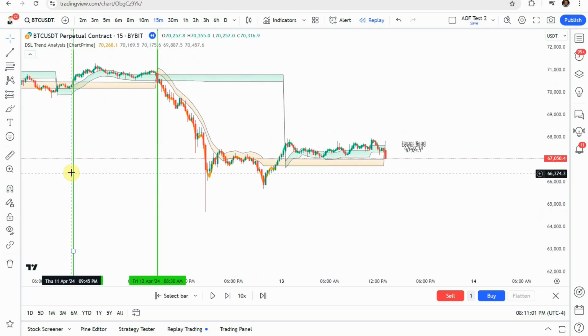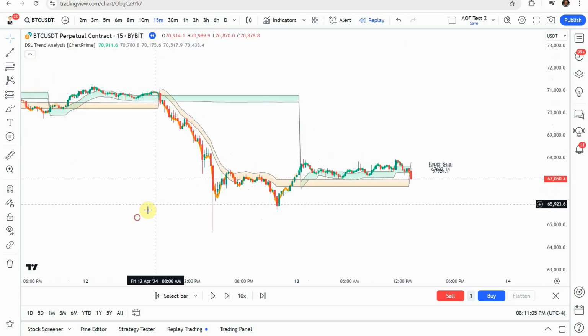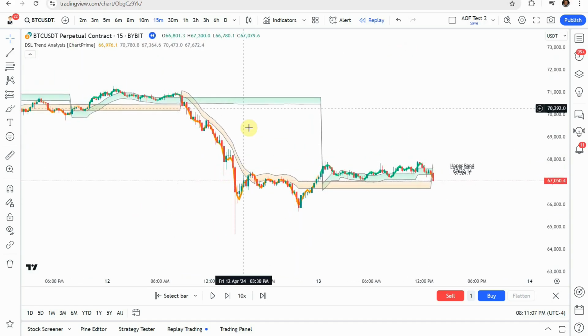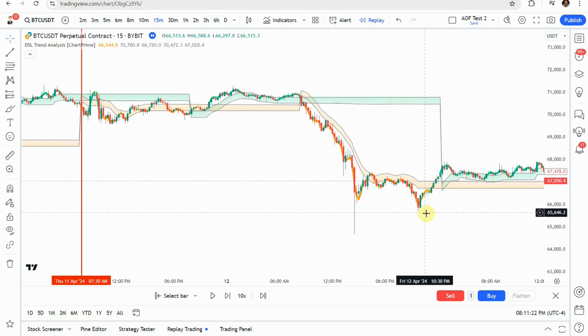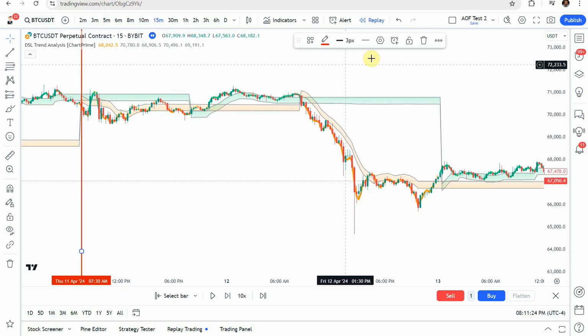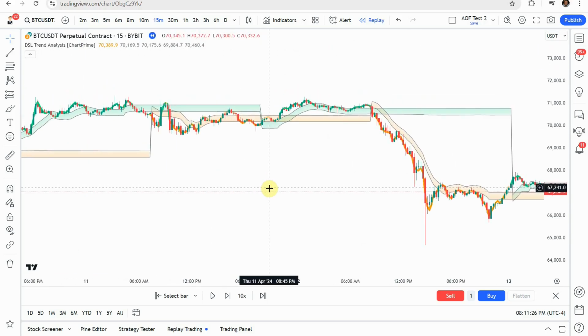And so if I scroll back here just a little bit, get rid of these testing lines, you can see basically we have an area of green or teal, and then a zone of tan. And you can see how price is kind of bouncing around those different zones.